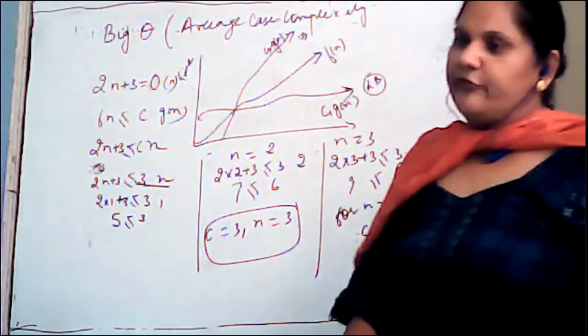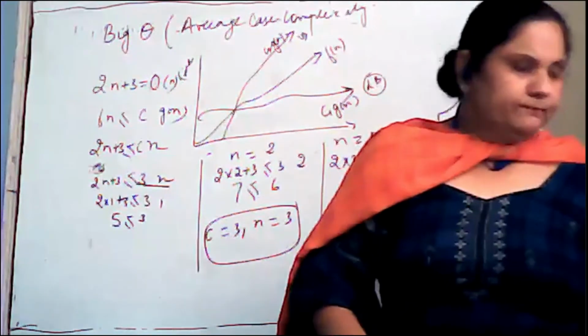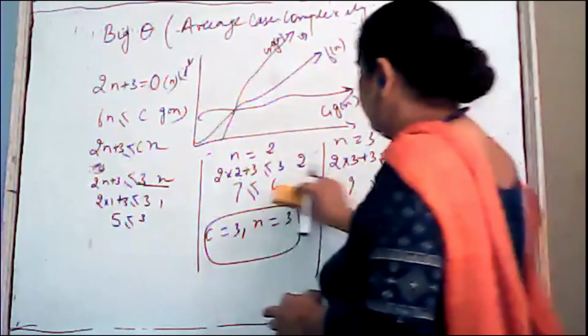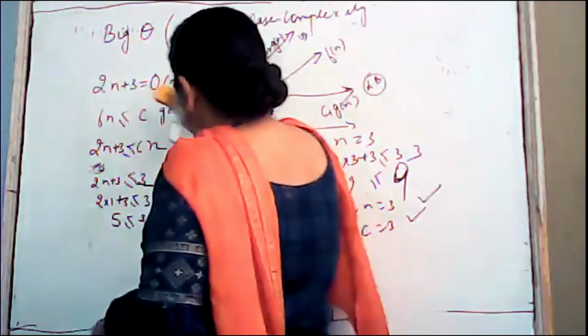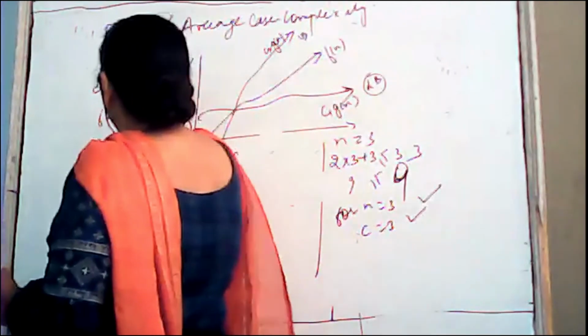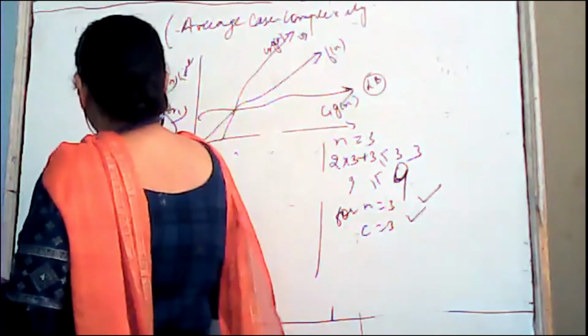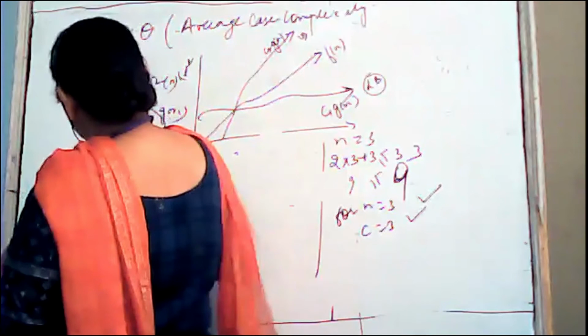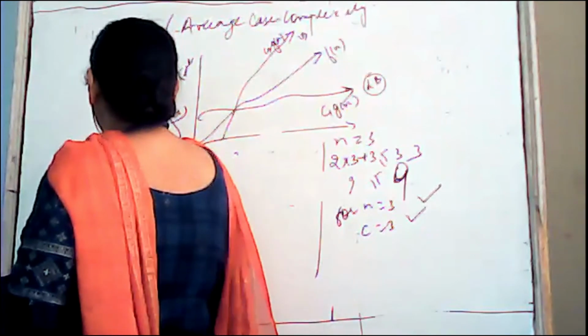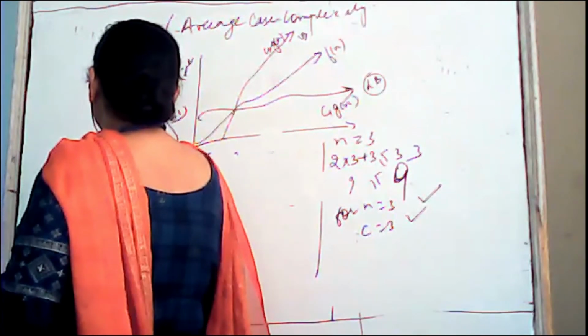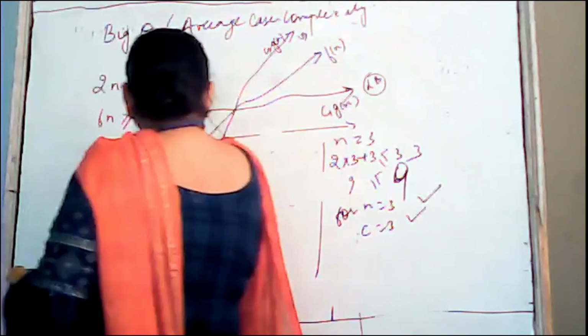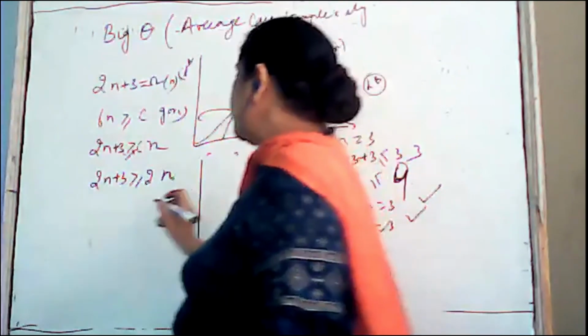Similarly, if I want to find the omega of n, then this condition will reverse. 2n plus 3 is greater than 2n. Now for which values is this going to be satisfied?